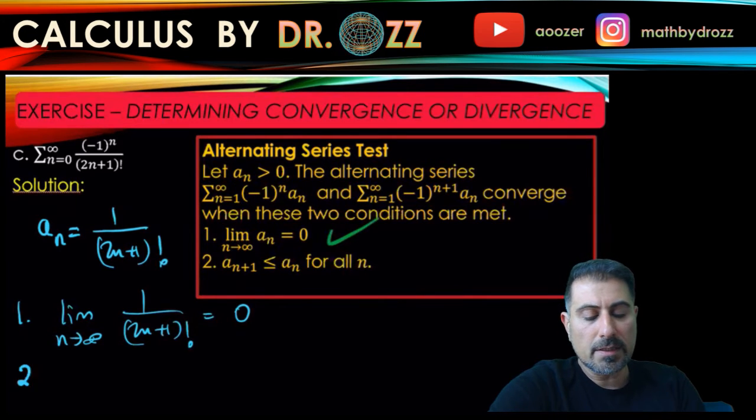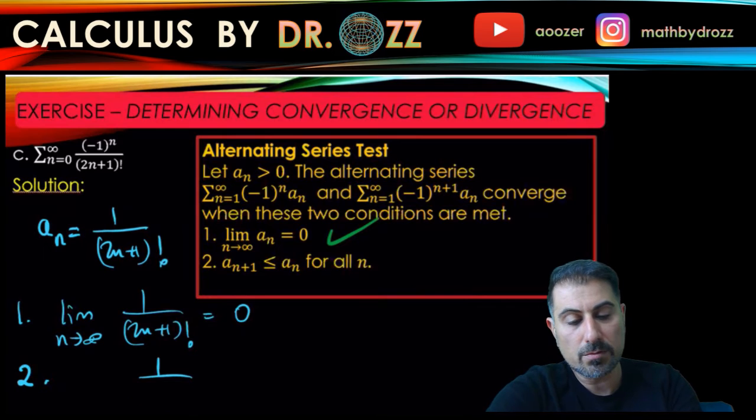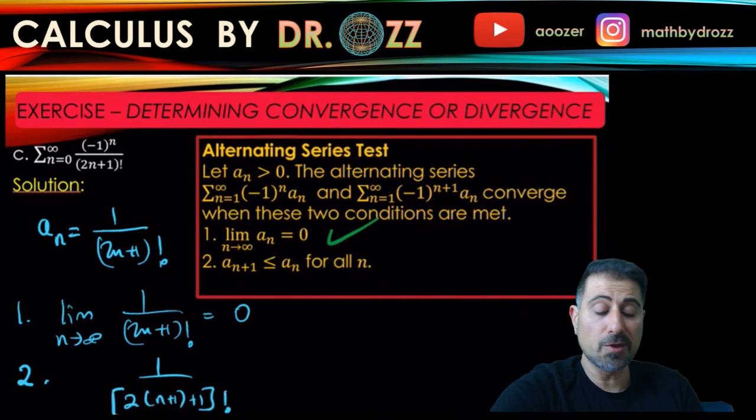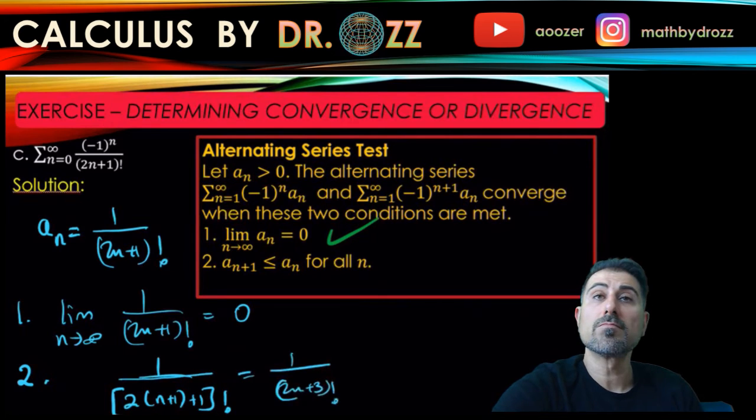And for the second condition, I'm going to use the same idea. I'm going to look at a_(n+1), so 2 times (n plus 1) plus 1, in other words, 2 times n plus 1 factorial, which is equal to 1 over (2n plus 3) factorial, right?